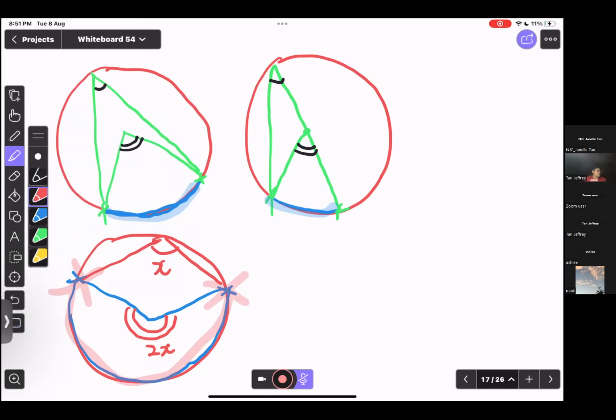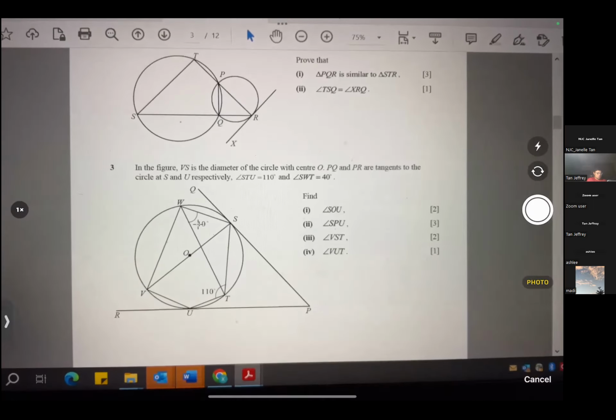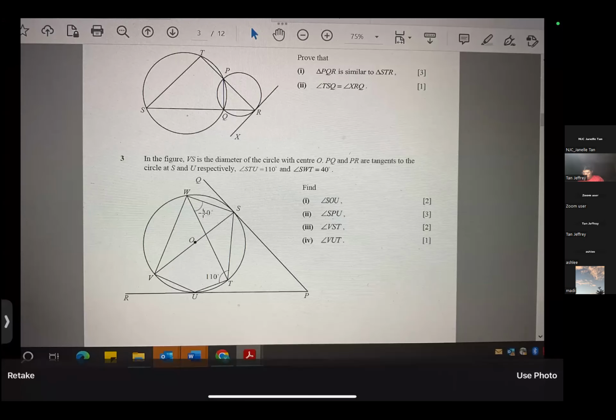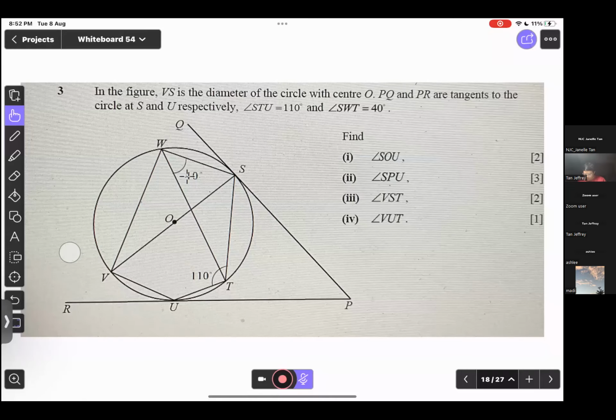Okay, I understand that, but if there are questions like question 3 from the topic 10 revision package, there's no common arc, so I'm not sure how that would apply. Okay, question 3, part 1, part 2, part 3, part 4. I could understand the answers, but there are no common endpoints. Okay, if there's no line, then you might need to draw your own line.